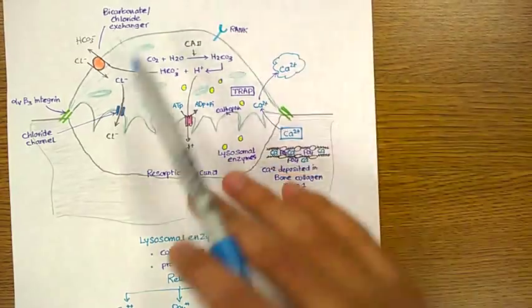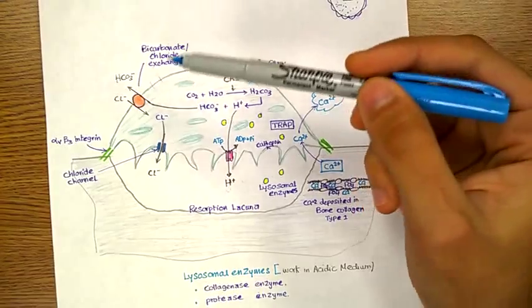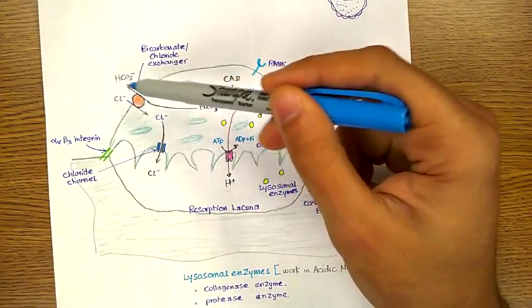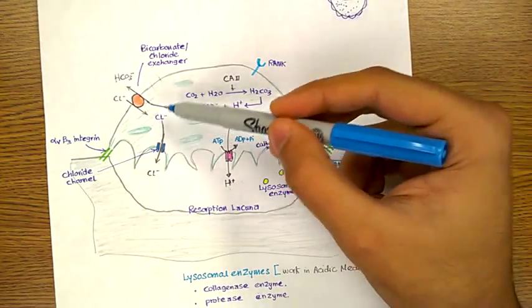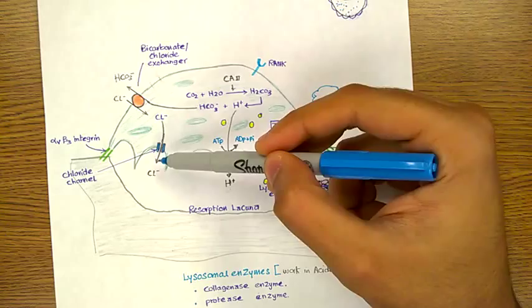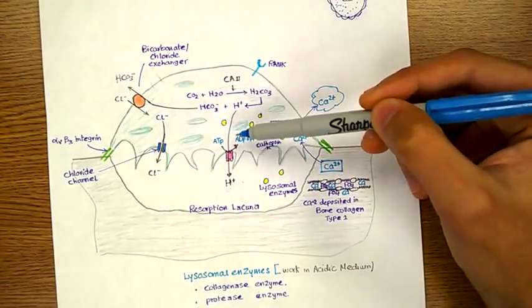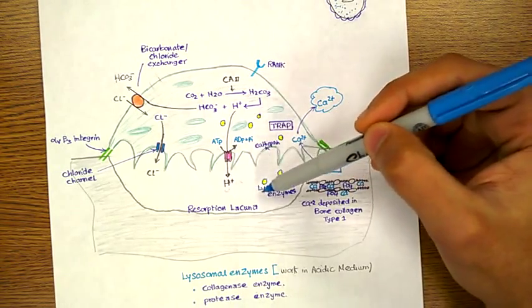Bicarbonate activates the bicarbonate-chloride exchanger, which moves bicarbonate outside the osteoclast and brings chloride inside. Then chloride passes through the chloride channel into the lacunar space, and hydrogen ion passes by its transporter into this space.